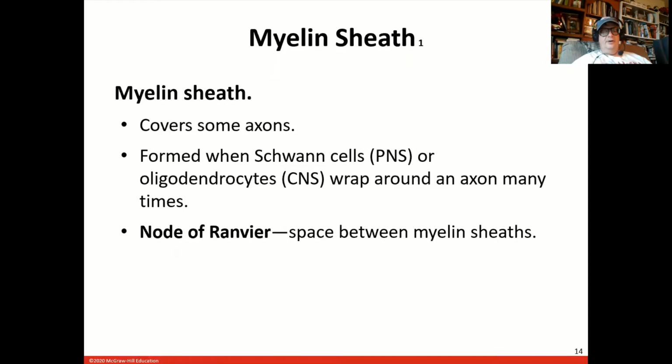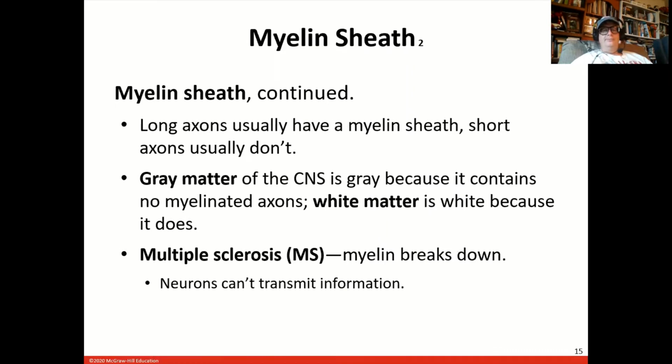All right, we've talked about that. Myelin sheaths are made out of either oligodendrocytes in the central or Schwann cells in the peripheral.